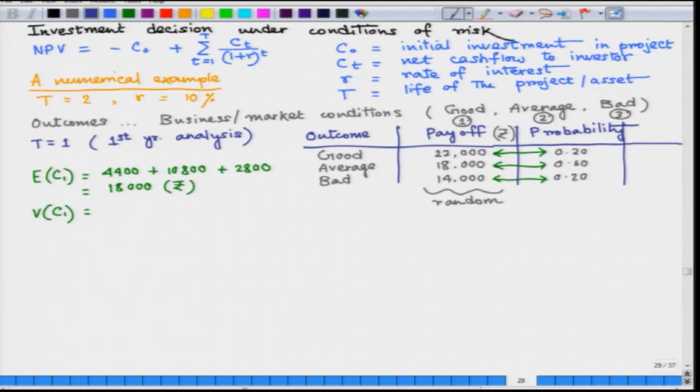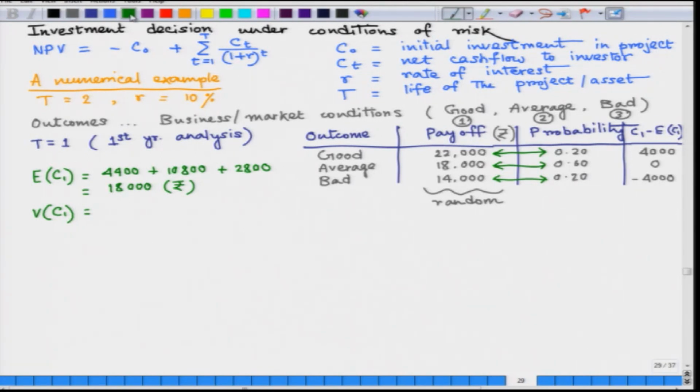So, we have to now take the difference between the actual value of the random variable and the mean of the random variable. So, we get 4,000 in good state, 0 in average state, and minus 4,000 in the bad state, right.